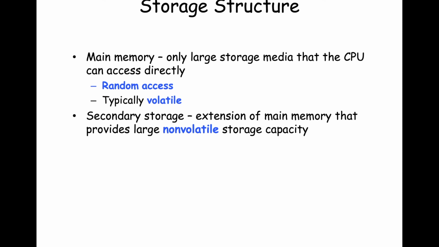This is done random access, meaning that it doesn't have to be done in any particular order. And this memory is volatile. Volatile means that when you turn off the power, all of the information stored inside of this memory goes away, right? So you cycle off the power, everything that was in main memory goes away.